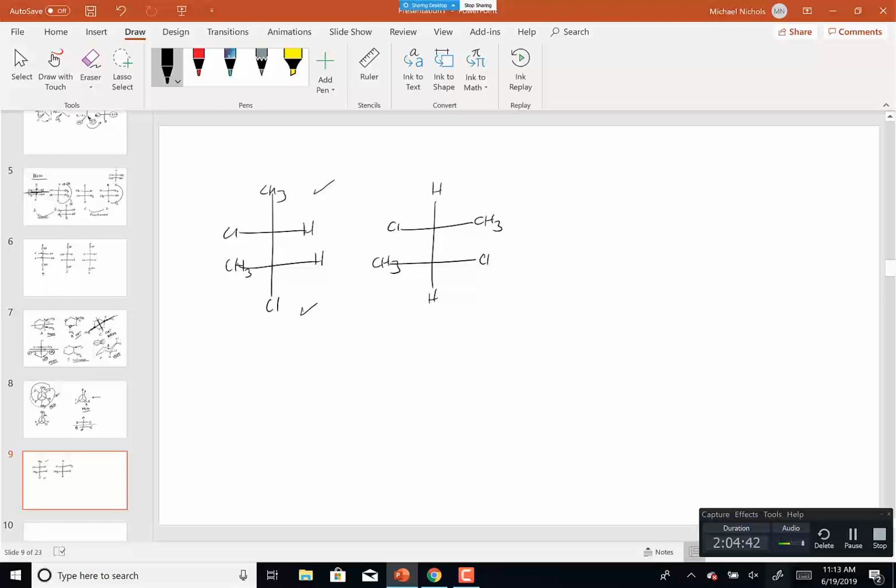So what we should do first of all is determine for these two molecules, are they meso? Which one's meso and which one's not? Or are they both meso? Or are they both not meso? So we should take these two molecules and determine, are they meso or not?